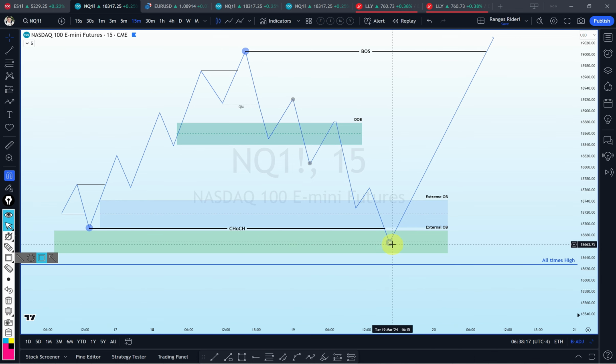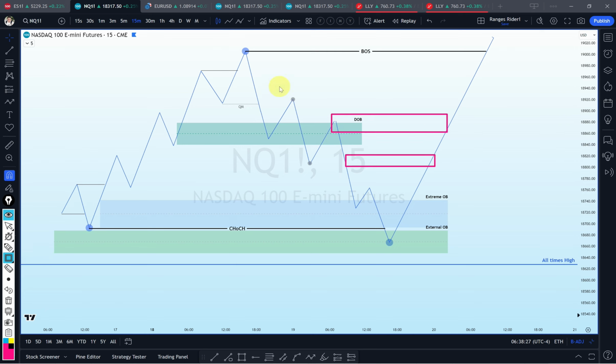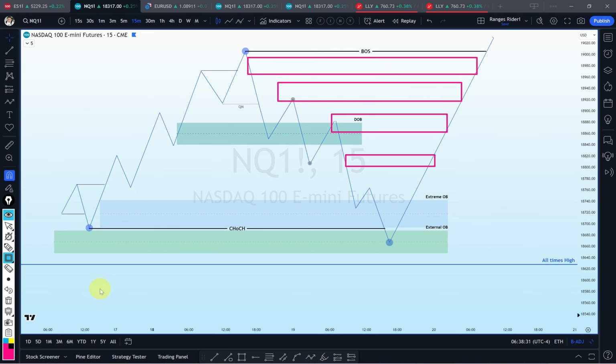And once you have the change of character, basically everybody is looking for short here, short here, or maybe short here, or maybe short here. They are all SMT.